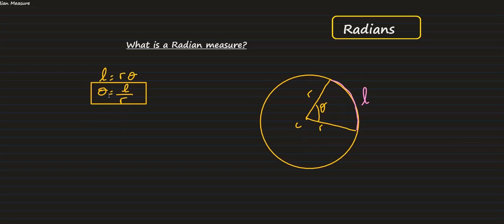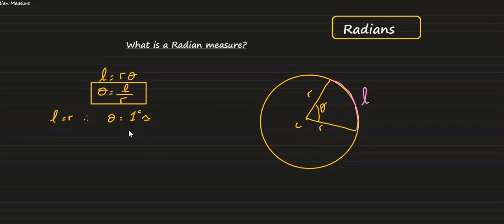If we look at the formula, we can conclude from it that the angle in radian is a scale factor, length divided by radius. So it is a scale factor which compares the subtended arc to the radius. Another conclusion we can make from this formula of the angle theta measured in radian is that if we make the subtended arc equal to the radius, so that is if L is equal to r, then you can see theta has a value of 1 radian, of course.